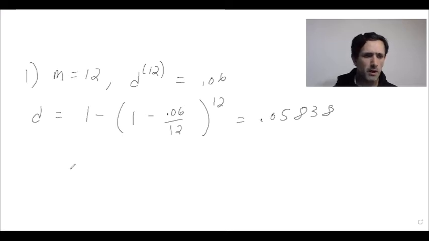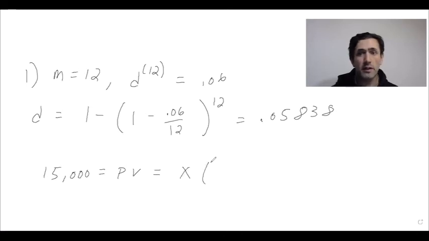And you get 0.05838. Okay, so by the formula for present value, 15,000 is the present value of this liability due in 10 years. The present value of anything, X here, is X times 1 minus your effective annual discount rate, raised to the 10, since it's in 10 years.